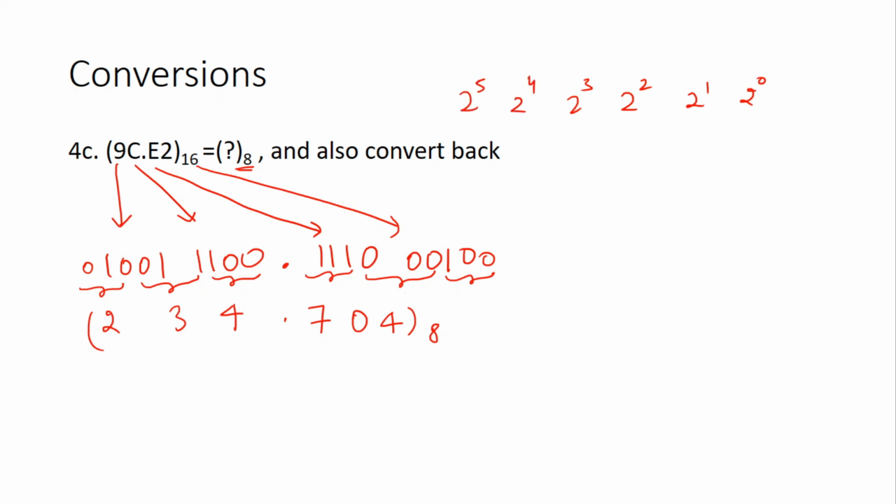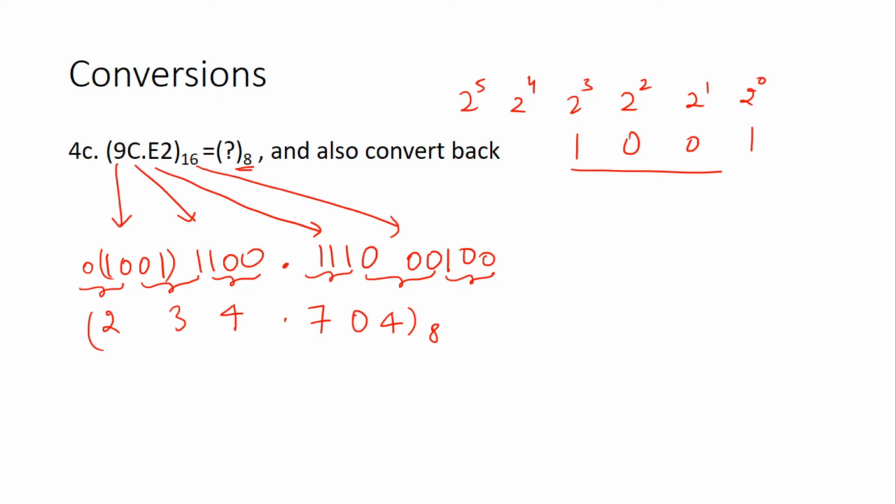For example, we have to write 9, right? 2 raised to the power 3 is 8, and we just need one extra, so that would be 1 here, and the rest of them are 0 0. So we know how we write 9 here. It is simply 1 0 0 1.